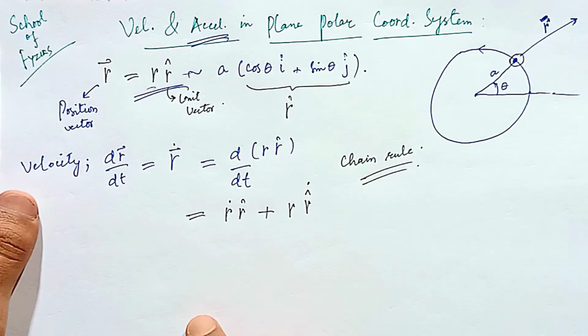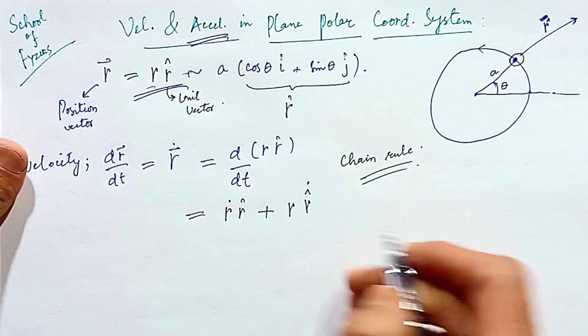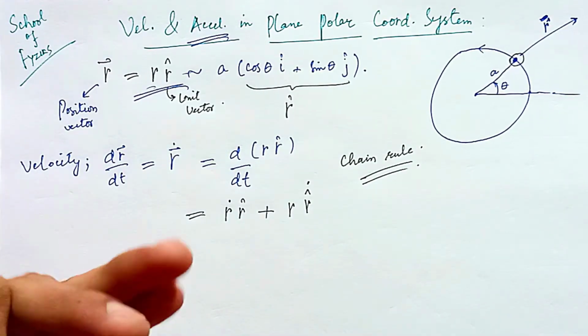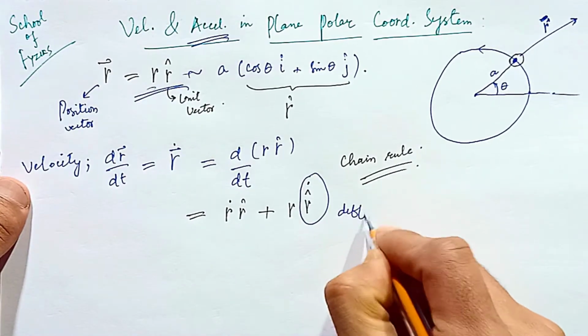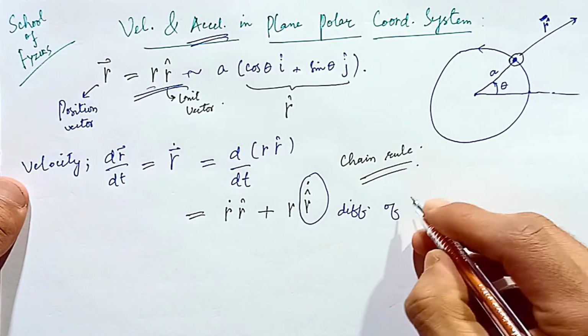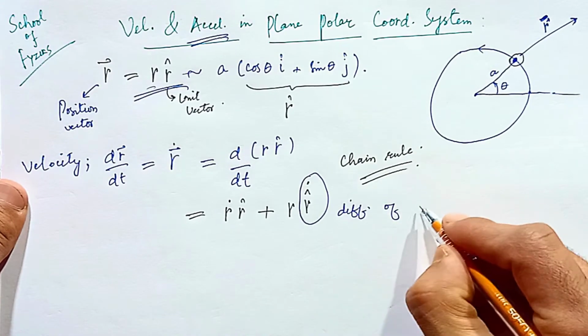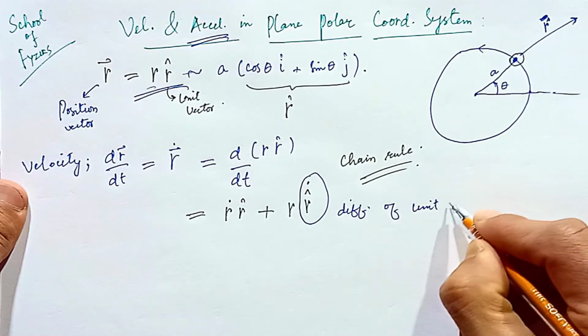Keep it in mind. So here we are getting the differentiation of the position vector itself, and the differentiation of the unit vector itself.